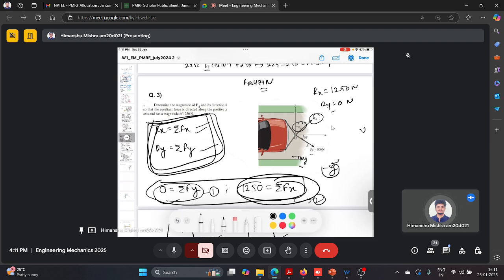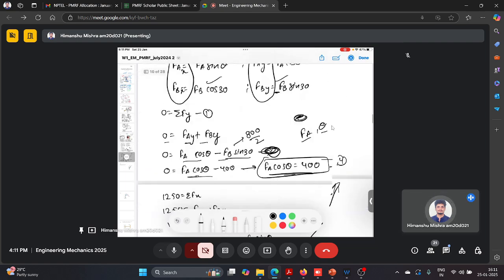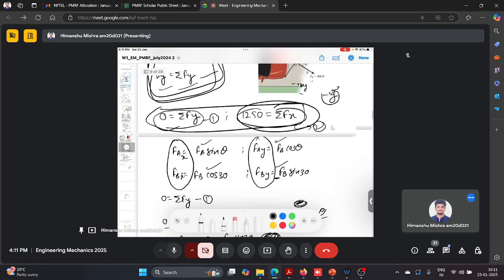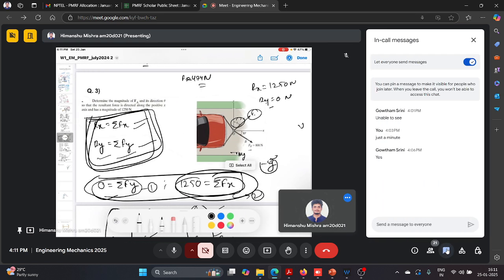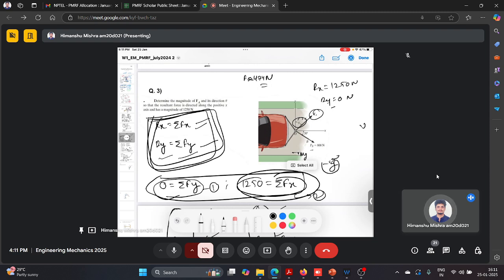For example, Rx will be the summation of Fx and Ry will be the summation of all forces in the y direction. Using this concept, again we can calculate the unknown force and angle theta. So any doubt? Then we can move to the next problem.